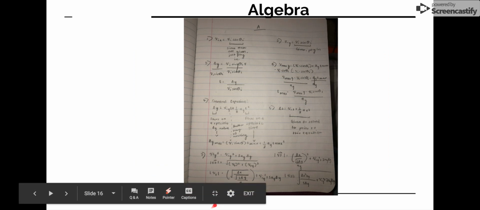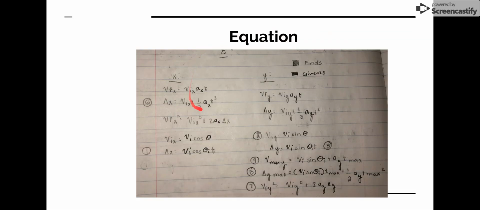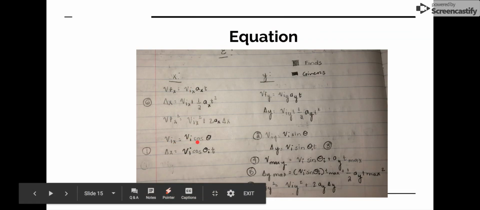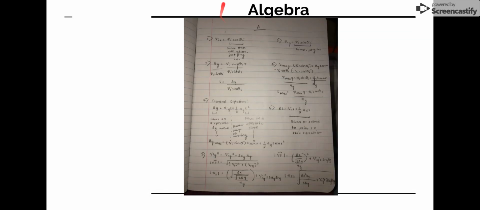The algebra step is a little bit longer for this one. So for number one and two, as I stated, I found this equation. So I really only need to plug in velocity initial cosine theta, velocity initial sine theta, and find my answer in the solve step.